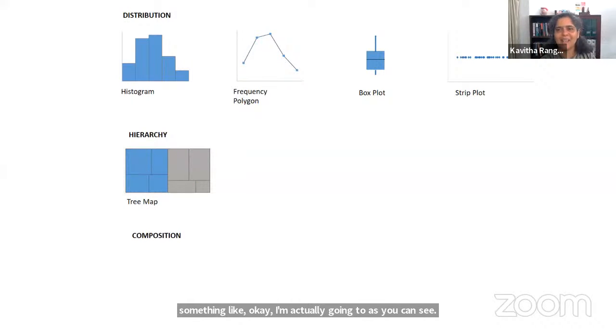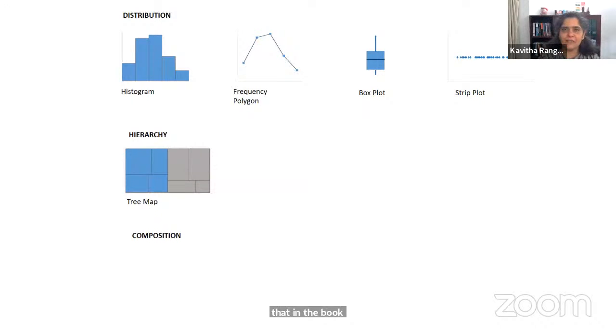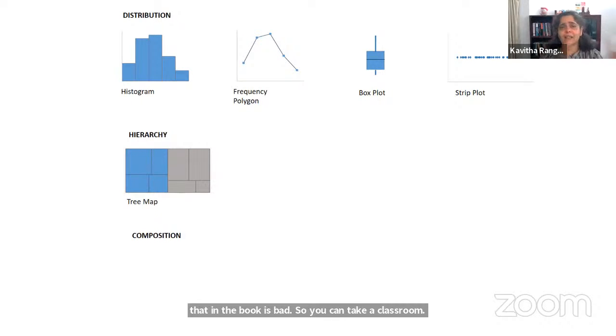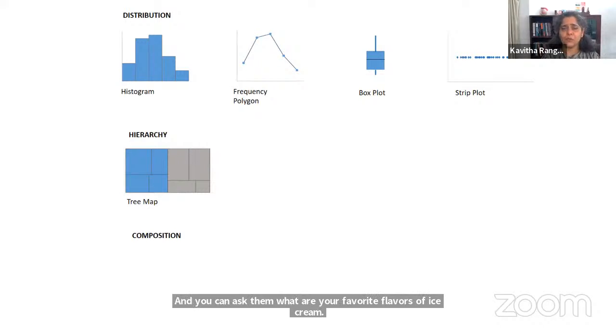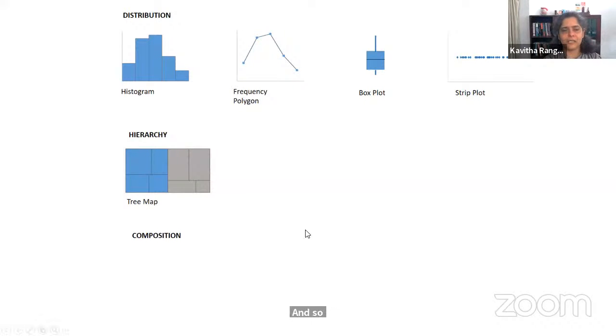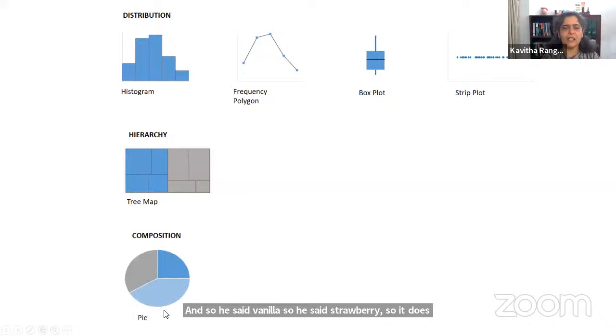You'll see that in the book as well. You can take a classroom and ask them, what are your favorite flavors of ice cream? So many said vanilla, so many said strawberry. In terms of percentages, that becomes a composition. So you might want to think about pie charts. These are some of the usual suspects when you have a composition.